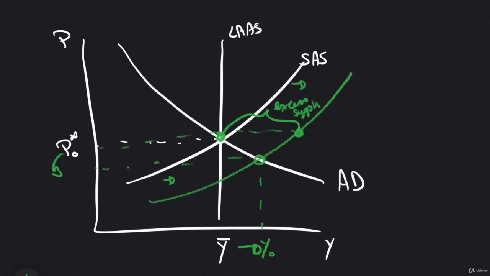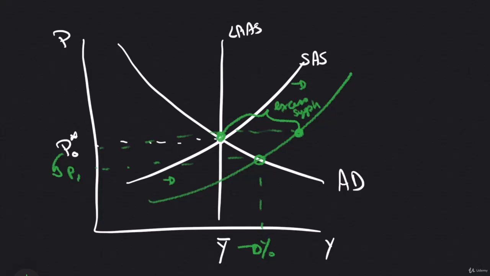But what will happen? Think about this in steps, because this is what we call static. It's just one image at one point in time. So prices went down, companies produce more, but it is likely for us to see firms unable to sustain this increased level of production in the long run.